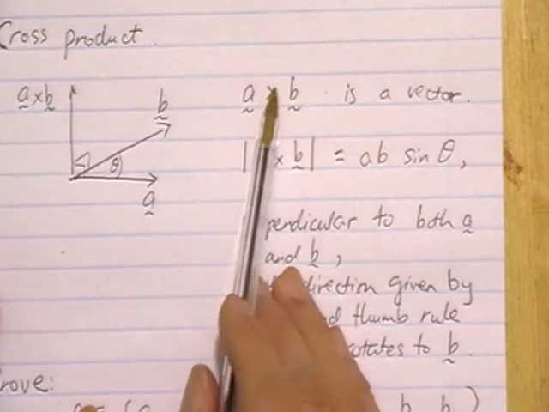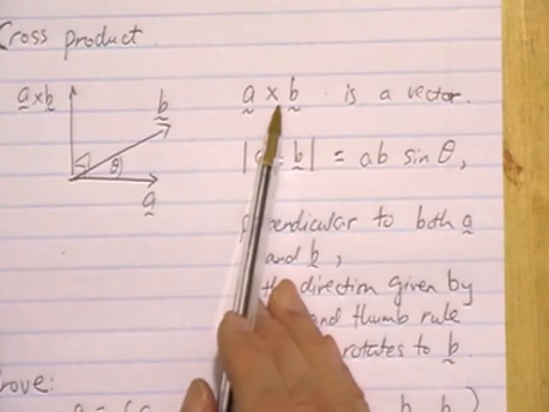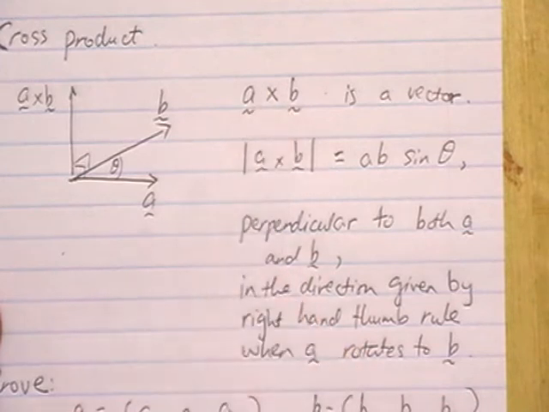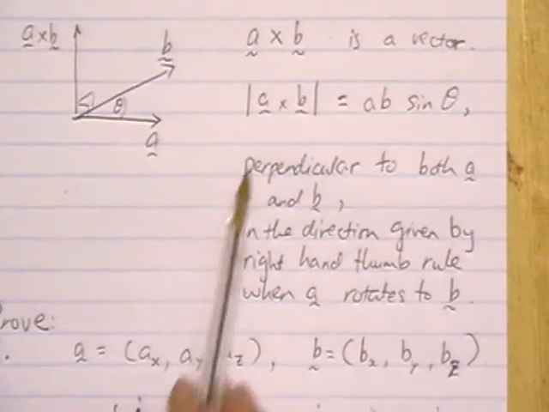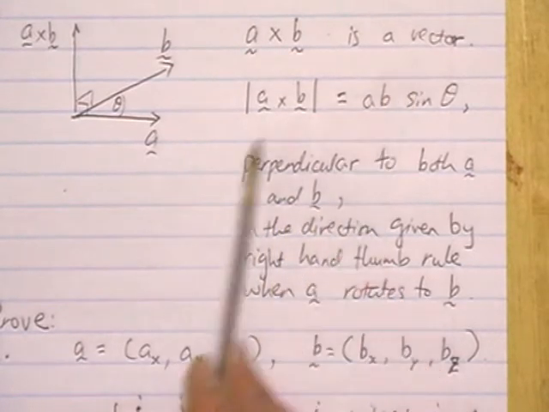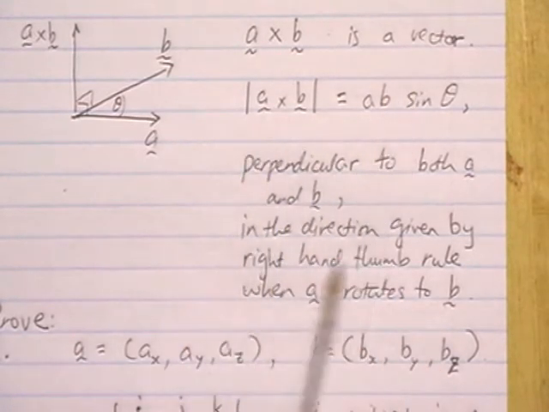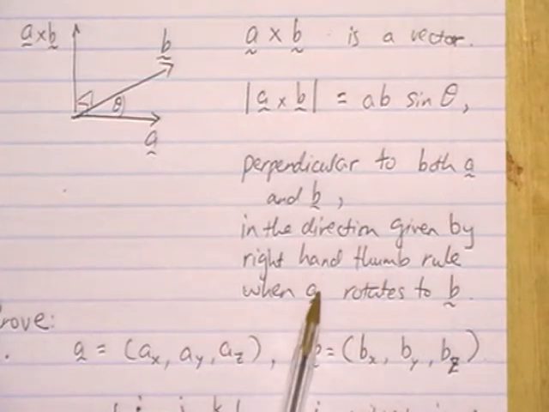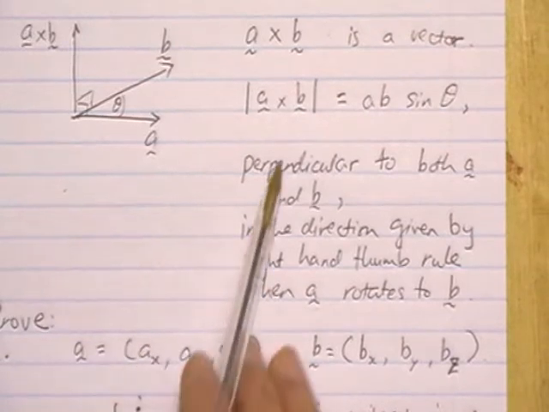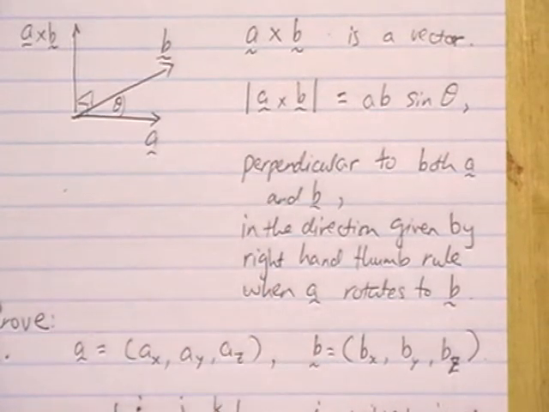This cross in between the two vectors tells us that the answer is another vector that is described by this long description which I described just now. So hopefully that would convince you that this is not just a simple multiplication.